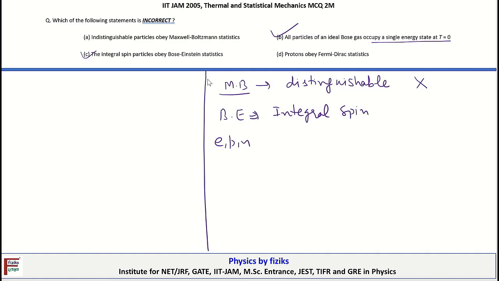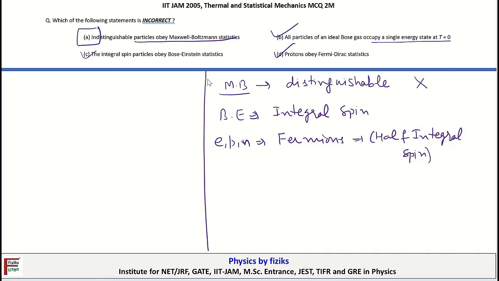Electron, proton and neutron are all called fermions, and these are half integral spin particles, so they obey the Fermi-Dirac statistics. So the incorrect option is A, and according to the question this is the right option. So A is correct here.